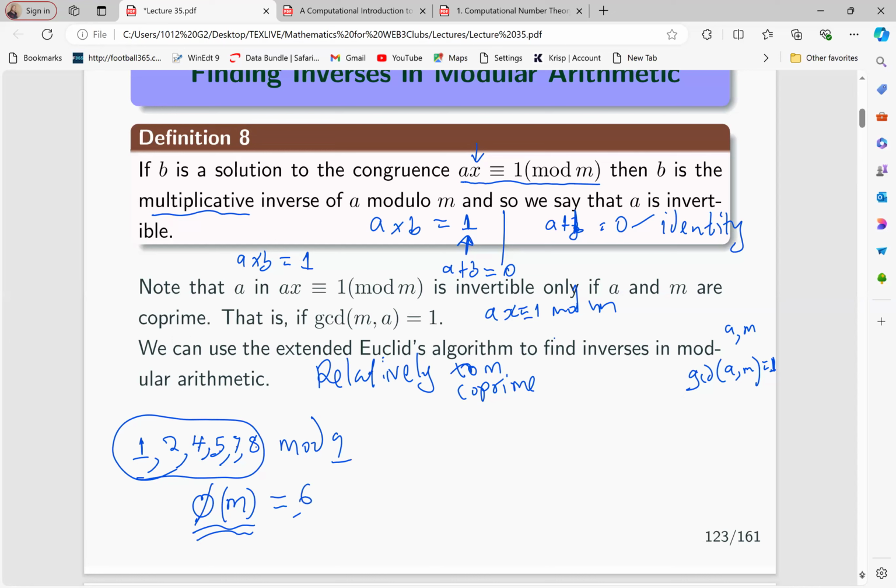Euler phi of M is 6. So there are 6 elements which are relatively prime. 1, 2, 3 is not. 4, 5, 6 is not. 7, 8, yes. There are those 6 elements.